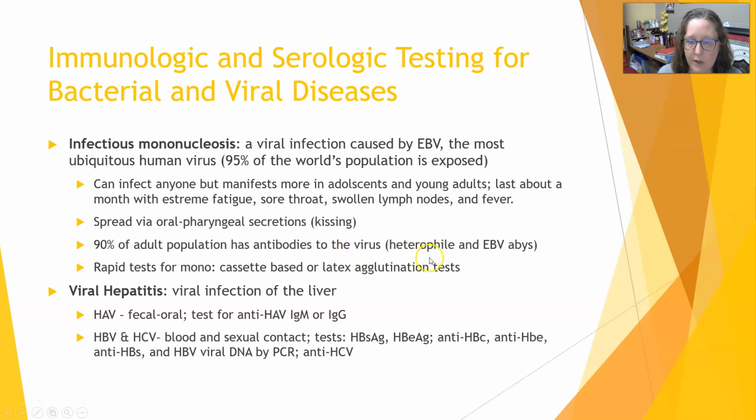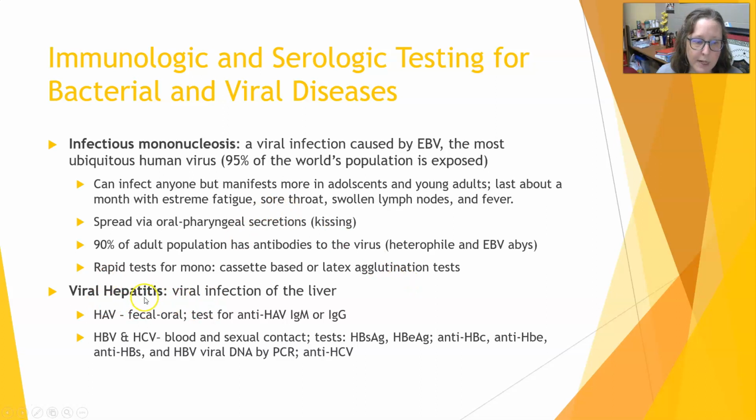They are either heterophile antibodies or Epstein-Barr virus antibodies. You can do a rapid test for mono, either a cassette-based, line, no line type of test, or a latex agglutination test. Sometimes those may not be positive early on. It may take a little bit for them to turn positive.